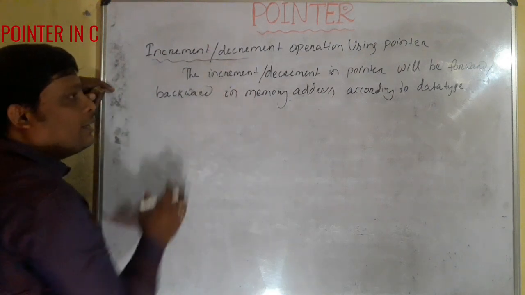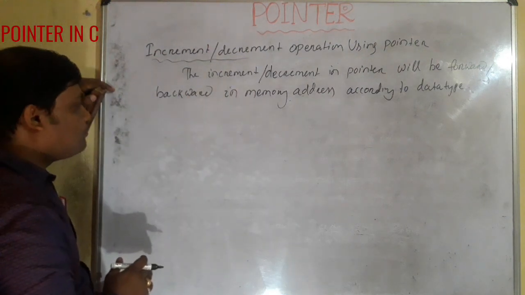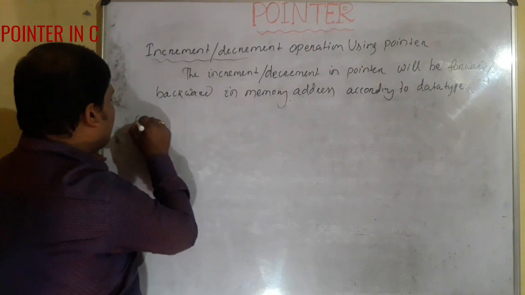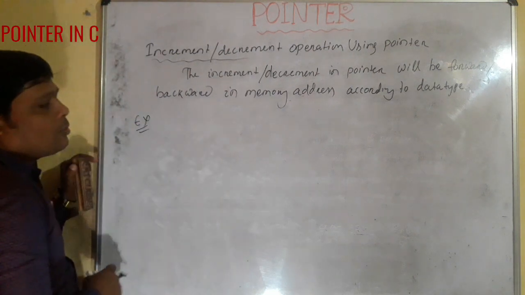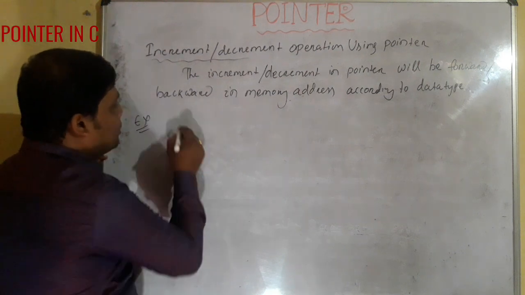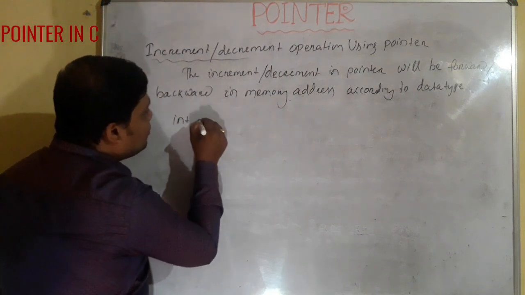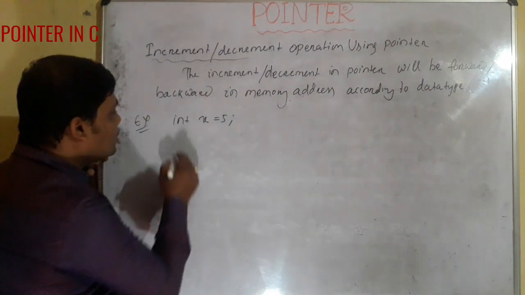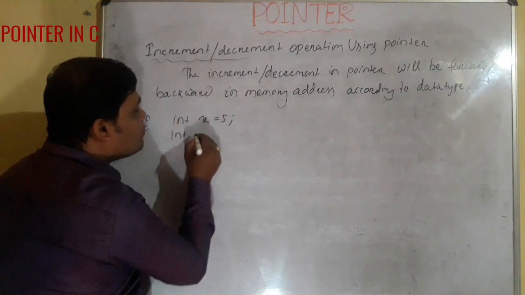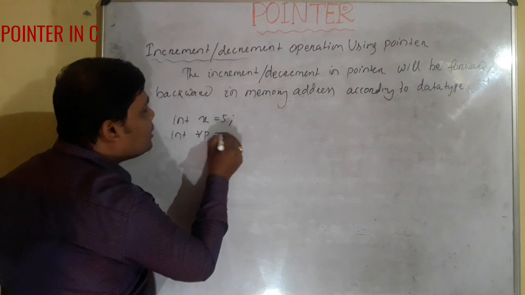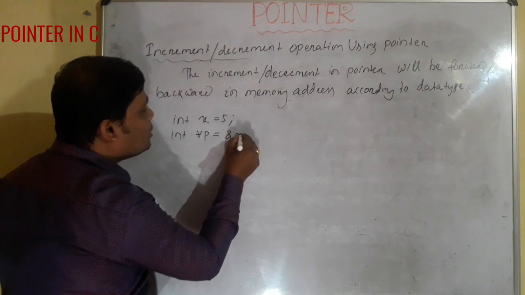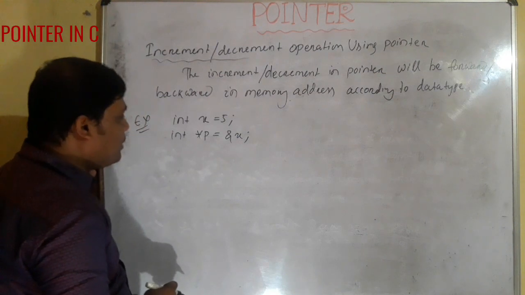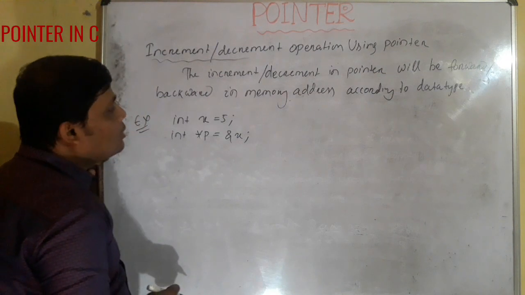The increment decrement in pointer means, suppose I am writing one example in C. You can understand. Suppose I am taking one variable integer x equal to 5. Clear? Then I am taking an integer pointer also, integer star p, and I am assigning the address of x to the pointer p. Clear?